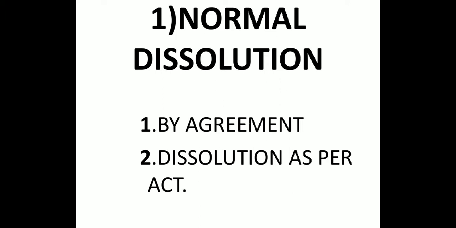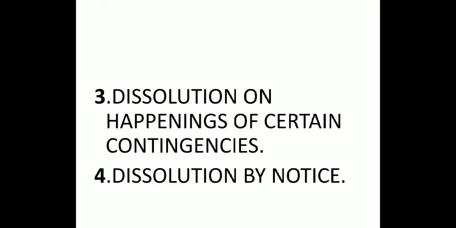Illegal is that which is not permitted by the government. So once the business starts dealing with illegal activities, it is to be dissolved, it is to be brought to an end.